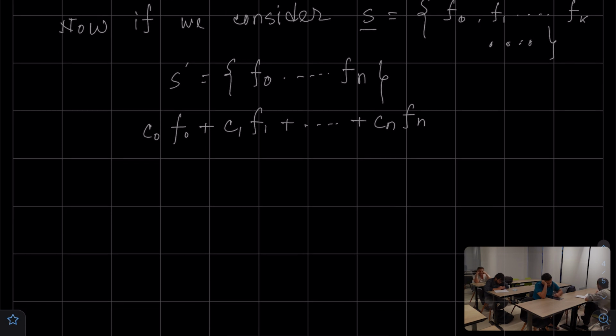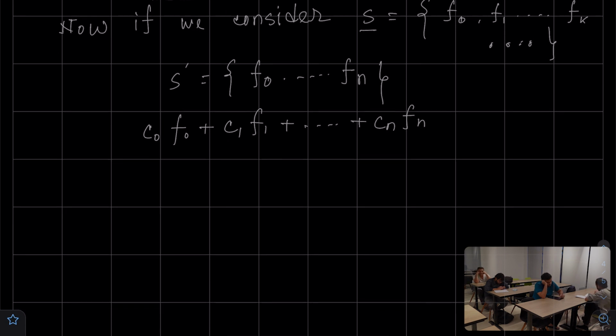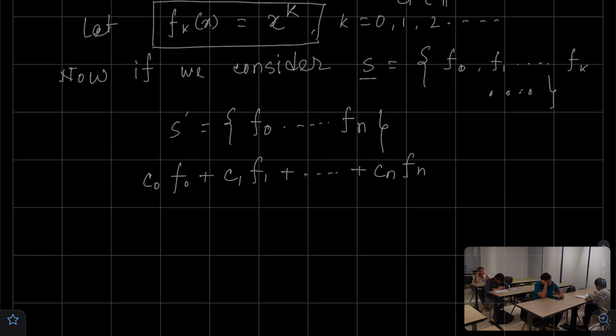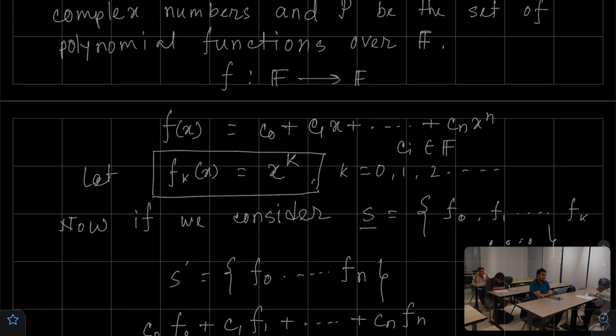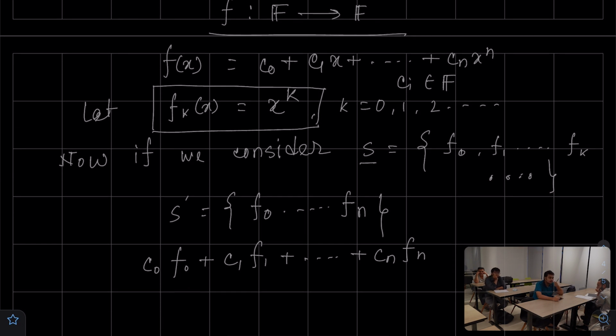Okay. And what I have to take is, can you tell me what is the zero vector of this polynomial set? The polynomials are defined in this way, f from R to F, where f of x equals this.